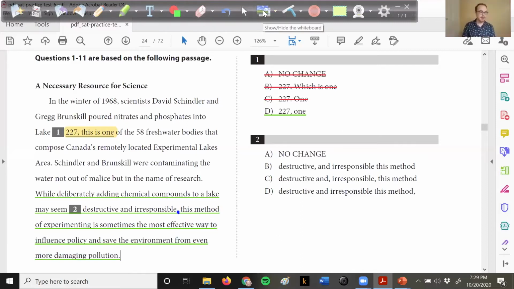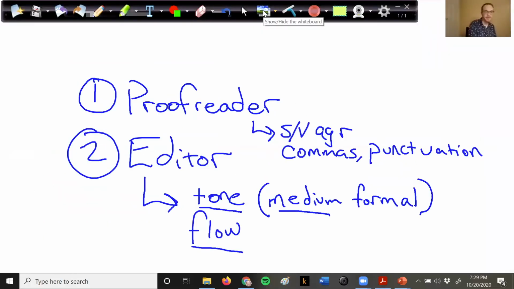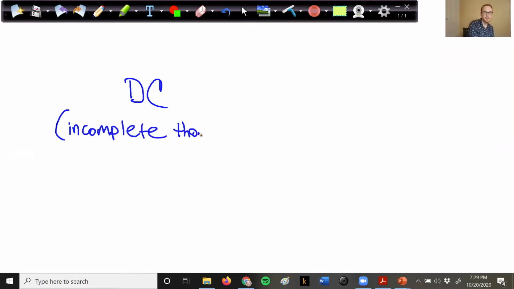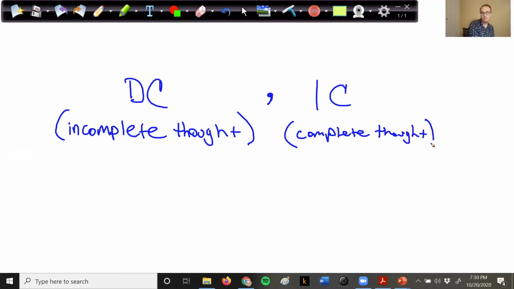So if we were to diagram that, erasing these notes from earlier, we have a dependent clause, also known as an incomplete thought, on one side of the comma, and an independent clause, or a complete thought, on the other side.